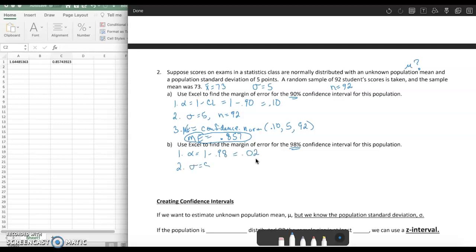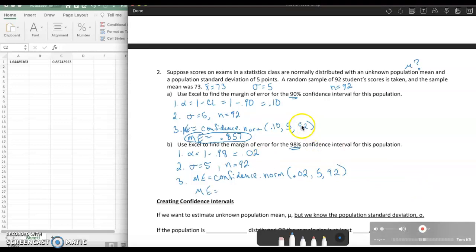Sigma's still 5, n is still 92. So when I go into Excel, it's going to look very similar. So confidence.norm. The only difference is I'm putting in a 0.02 here. So let's see what Excel gives us.